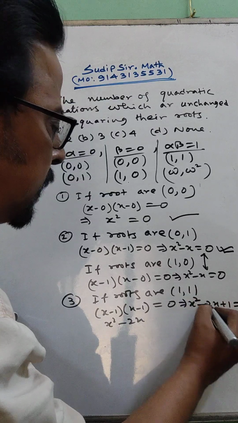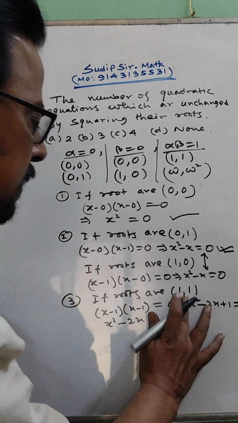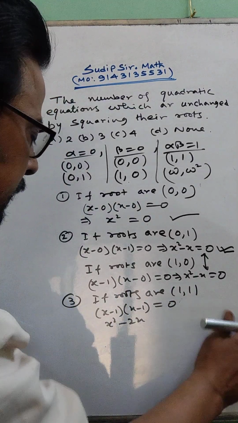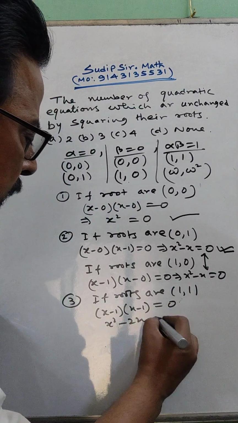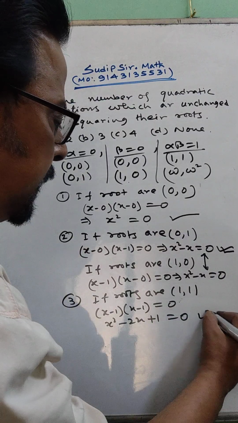So this is the third equation. Okay, I am writing here x square minus 2x plus 1 equal to 0. This is the third equation.